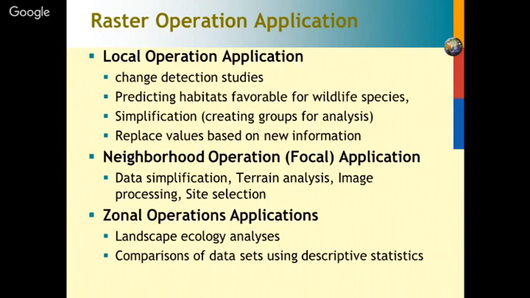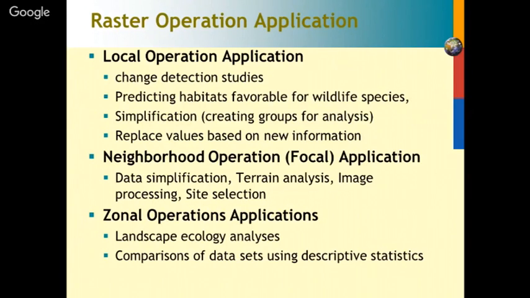And in the case of focal operations, these are basically data simplifications like categorizations, or terrain analysis, where we can say which areas are visible, which areas are not visible, or in shadow range. The aspect of terrain can also be computed.